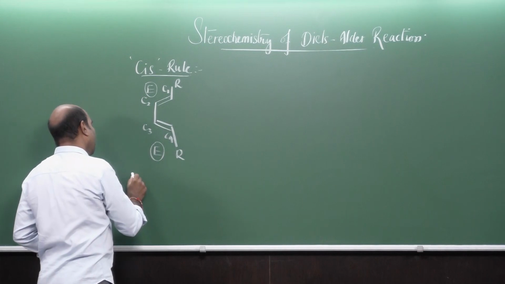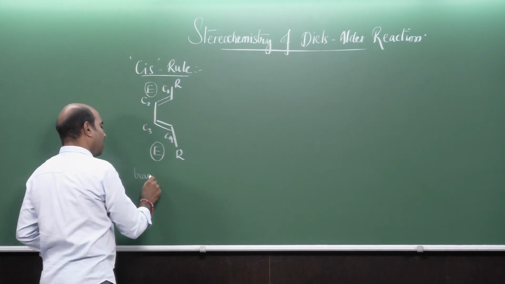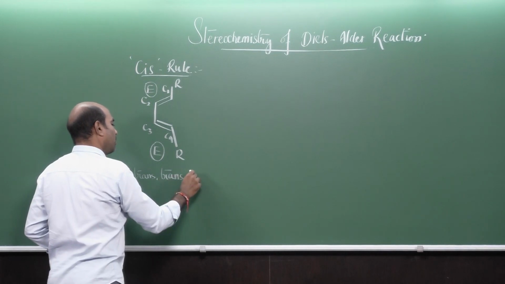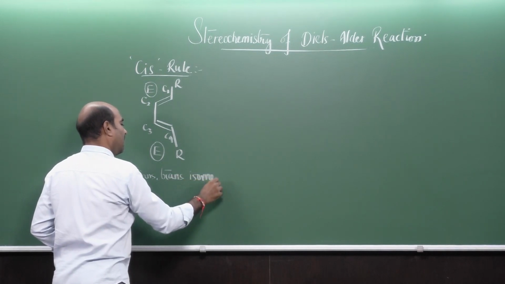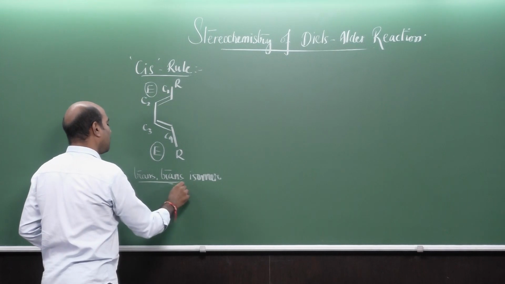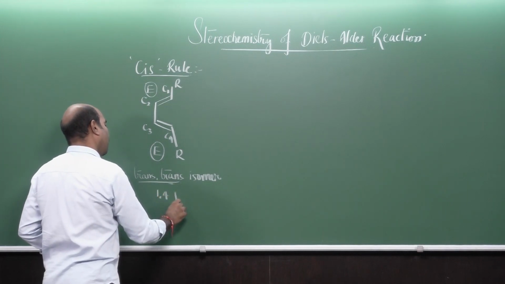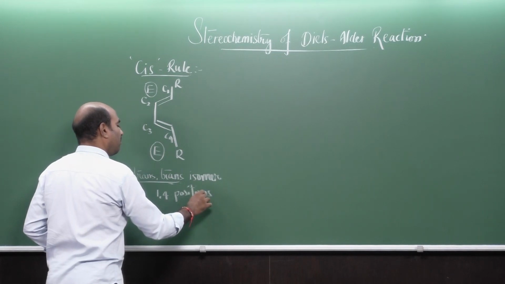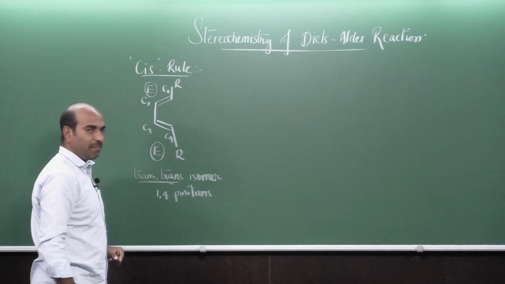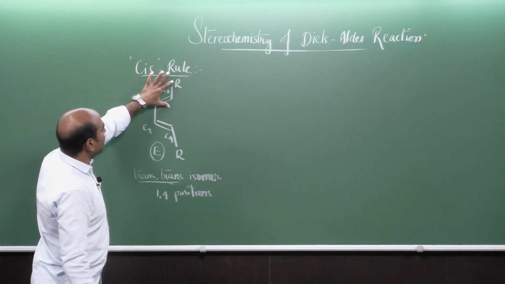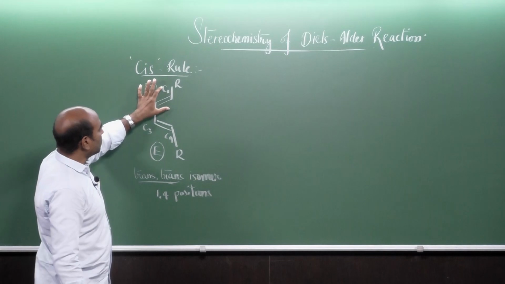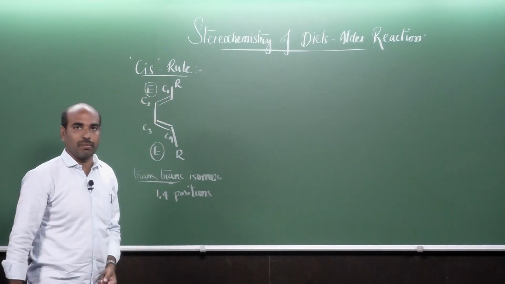So it is nothing but the trans,trans isomer of the diene, where the substituents are at the 1,4 positions, because of which you observe the stereochemistry here. These groups are arranged such that they are trans at the first double bond and also trans at the second double bond, right.